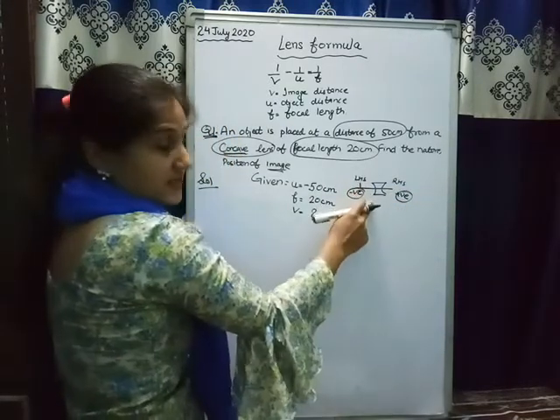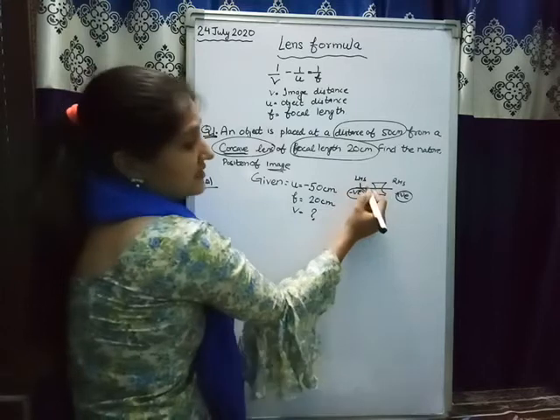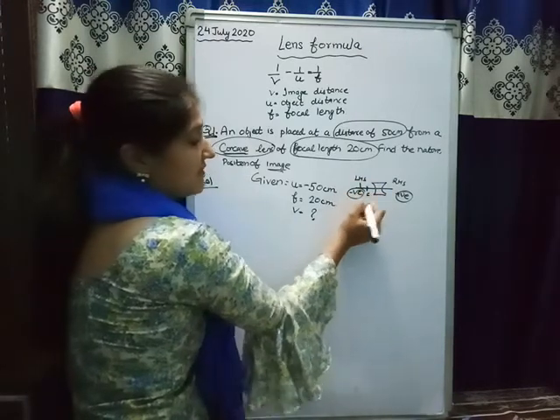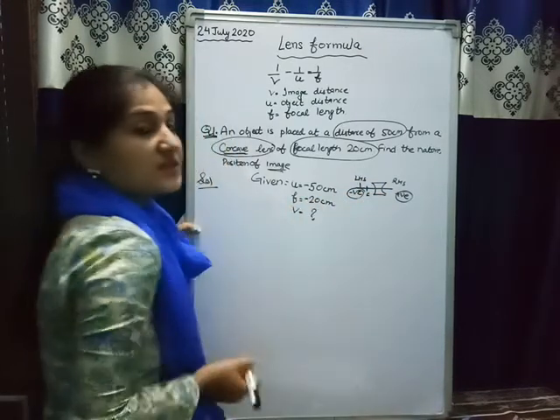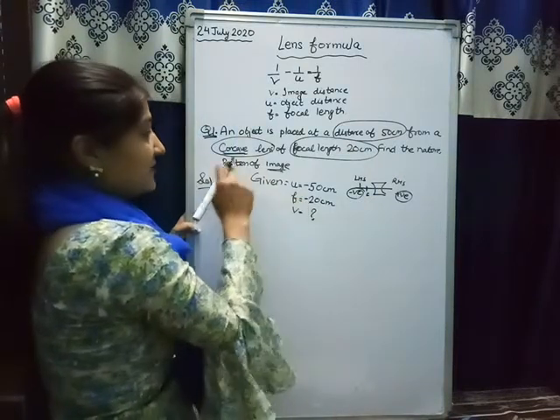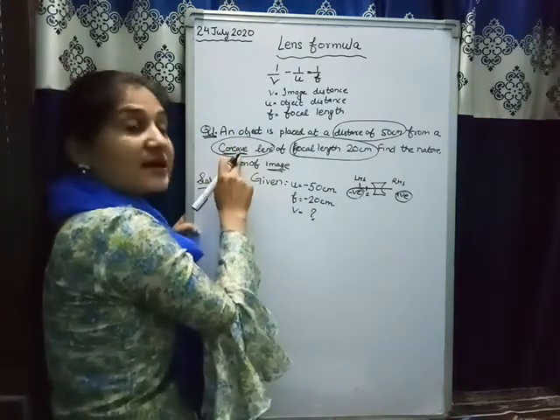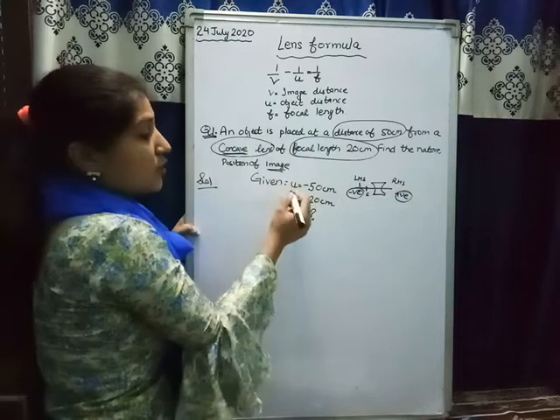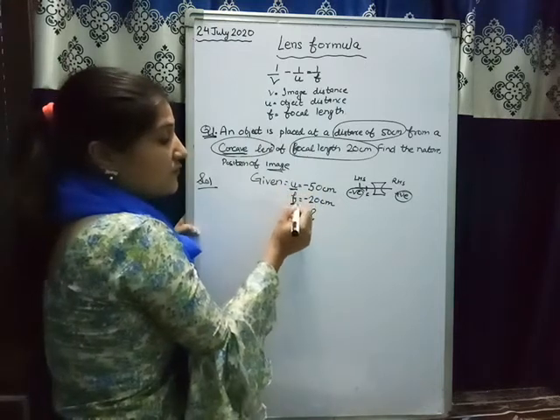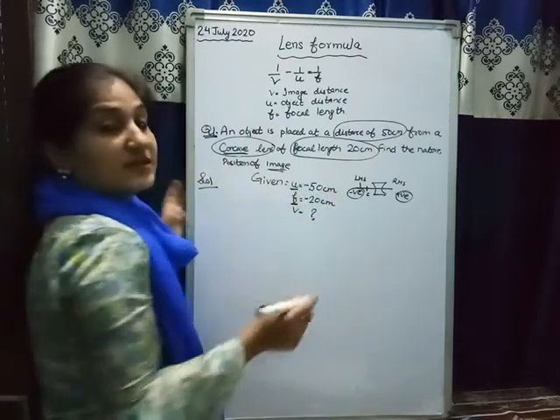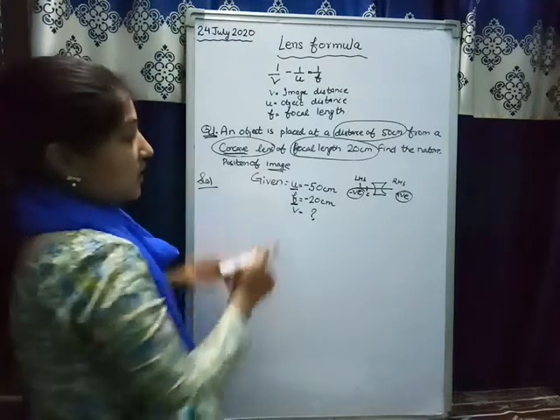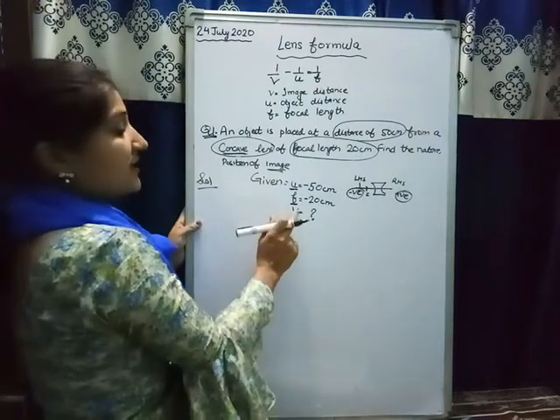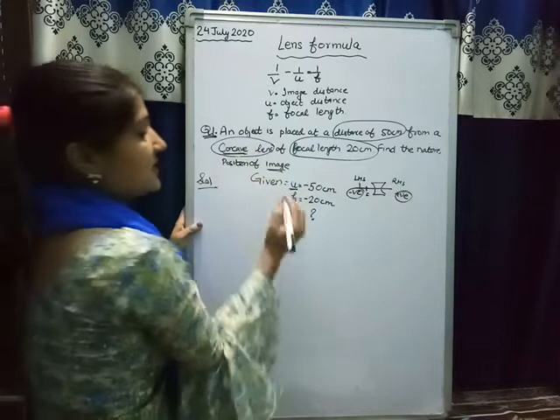And in this case, the focal length is on this side, which is why the focal length is always negative. That means in the case of a concave lens, the object distance U and the focal length both are negative.